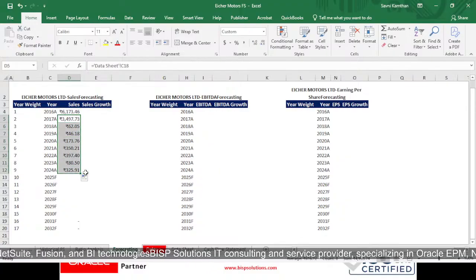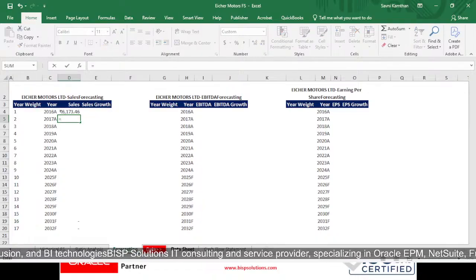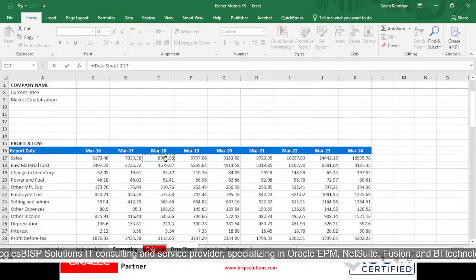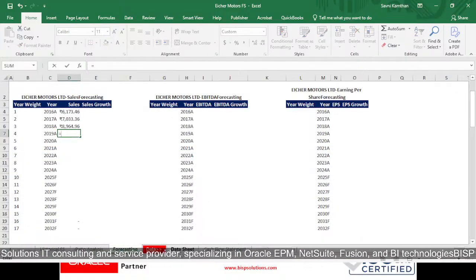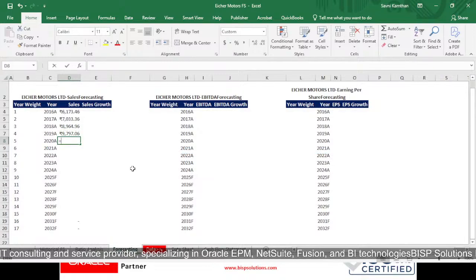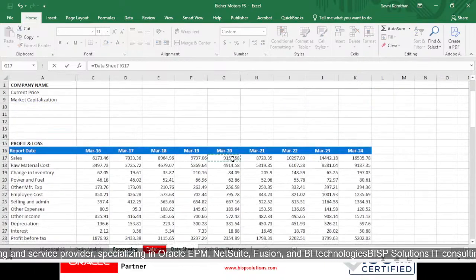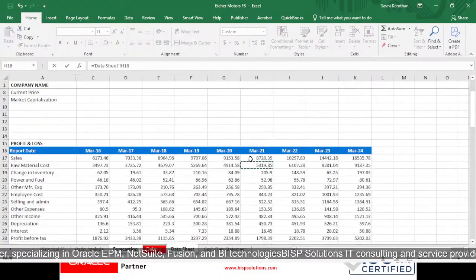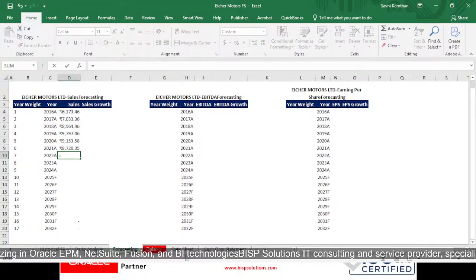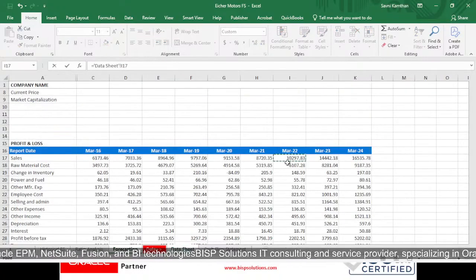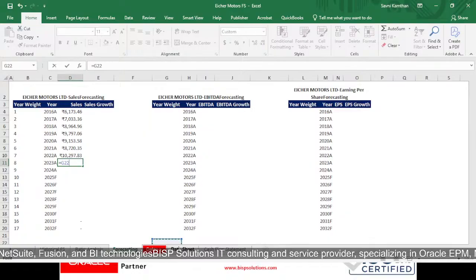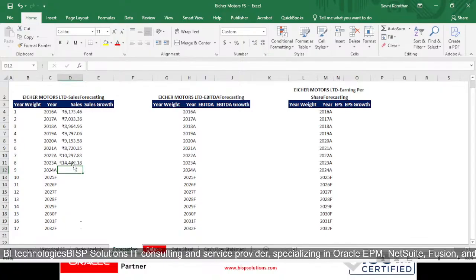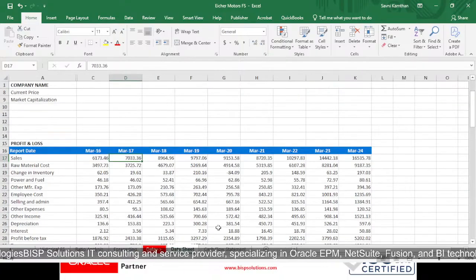So again what we will be doing, equals to, again we will be linking it with this, equals to 2018, equals to 2019, equals to 2020, equals to 21, equals to 2022, equals to 2023, right?